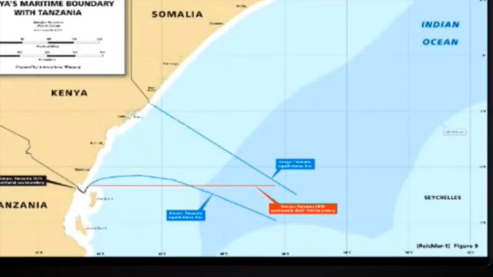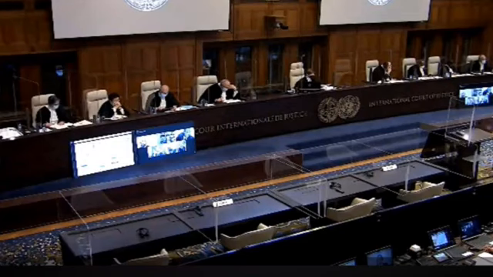This slide, which is also at tab 55, shows in blue the notional equidistance boundaries between Somalia and Kenya in the north and between Kenya and Tanzania in the south. It also shows in black the territorial sea boundary agreed by Kenya and Tanzania in 1976, and in red, the continental shelf EEZ boundary agreed by those two states in 2009.